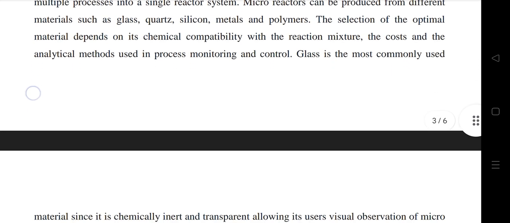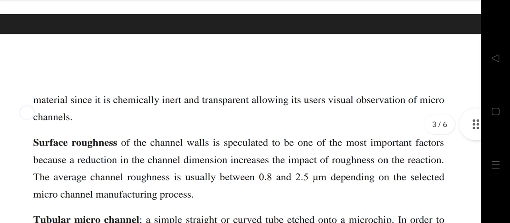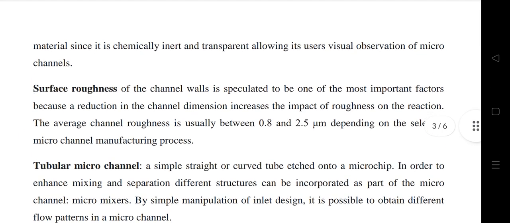Glass is the most commonly used material since it is chemically inert, doesn't take part in the reaction with the reactant, and is transparent, allowing its user visual observation of microchemicals. Surface roughness.